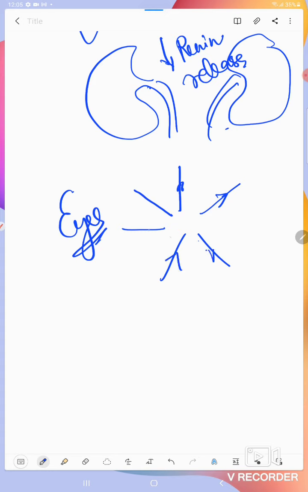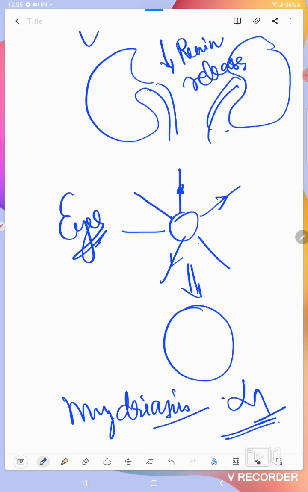That means it leads to mydriasis. So mydriasis is another result of alpha 1 receptors present on the radial muscles in the eye.